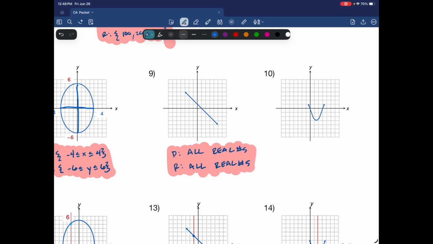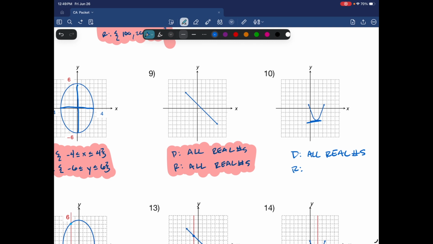Okay? Now, 10 is a little tricky because the domain, if you take it, goes forever to the left and forever to the right. So my domain is all real numbers. There's no breaks, no holes or anything like that, so it's all real numbers. Now, the problem is my range bottoms out. All right, so my lowest value here is -3, and then it goes up from there.